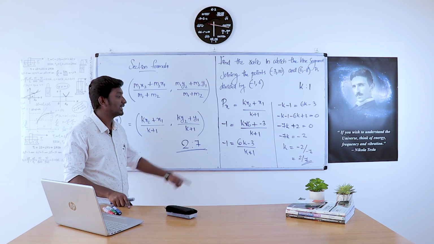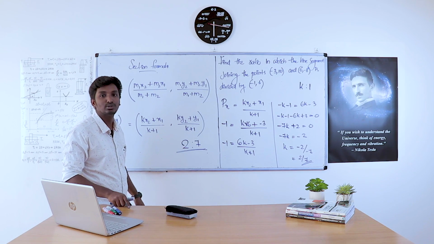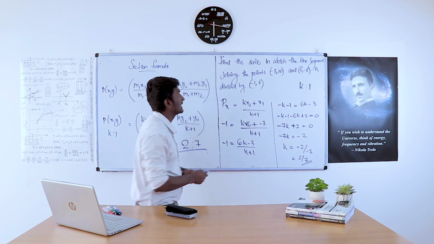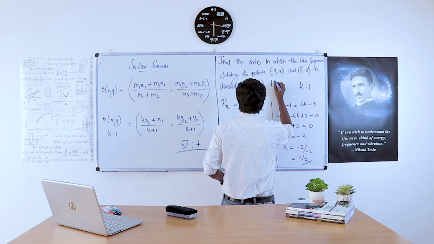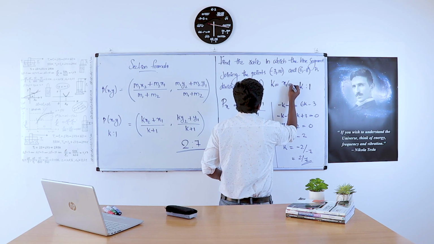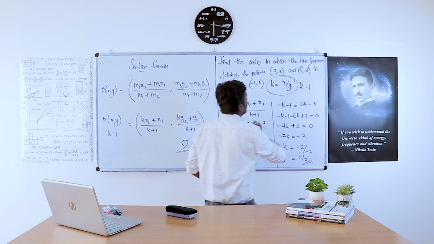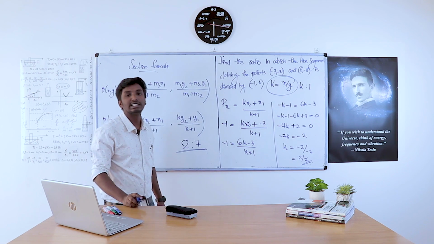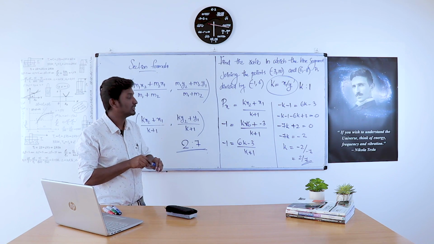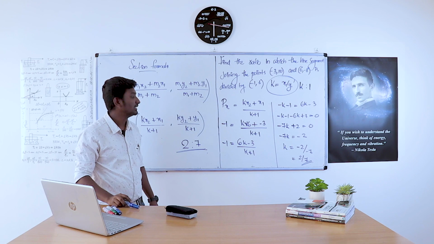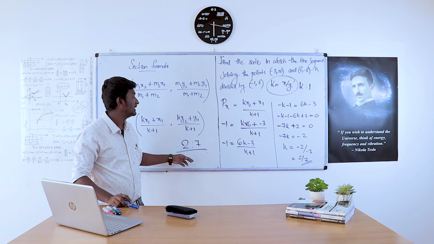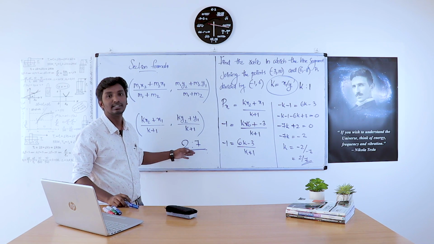In a general case, substitute k is to 1 and find k equal to x by y. Then the ratio is x is to y. Here the k value is 2 by 7, so the ratio is 2 is to 7.